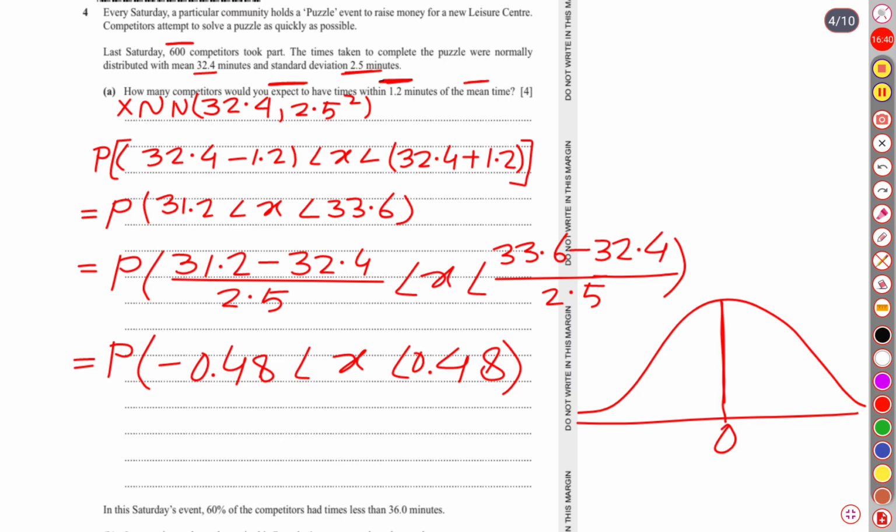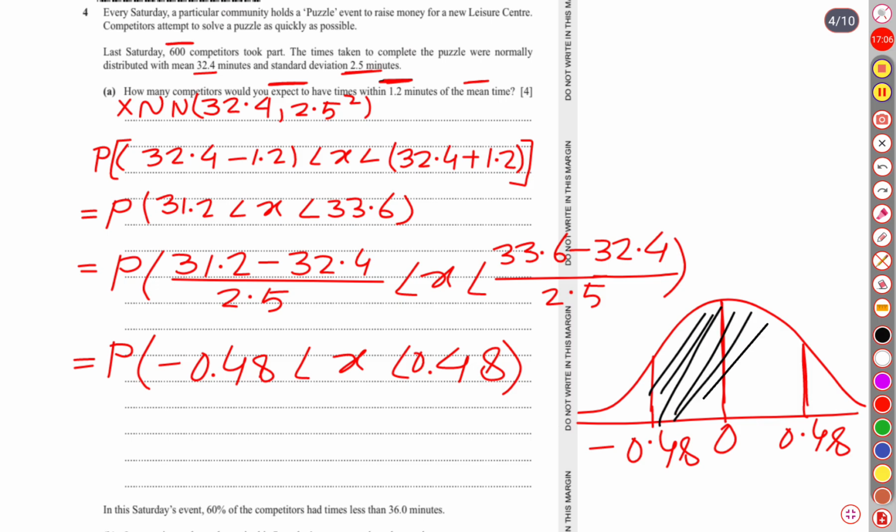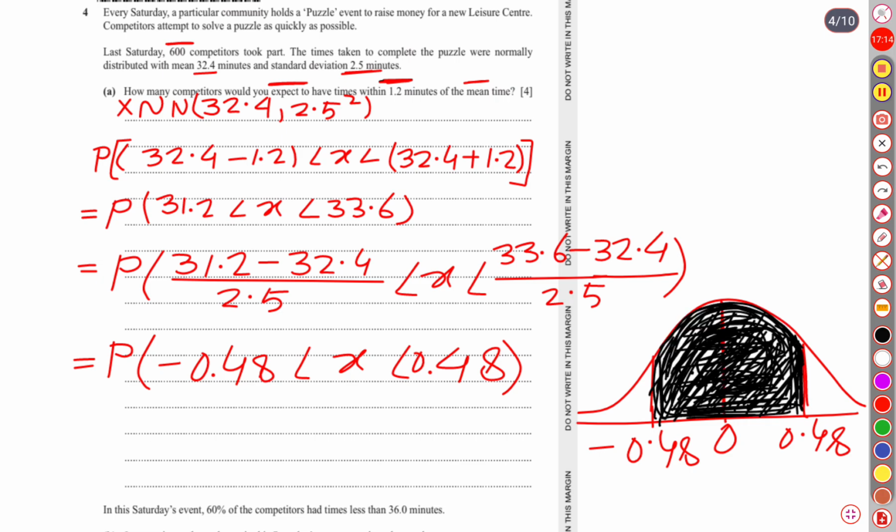They have told us our probability is from negative 0.48 until positive 0.48. Which part is our probability? This dark shaded portion is our area, and this region is to be obtained.